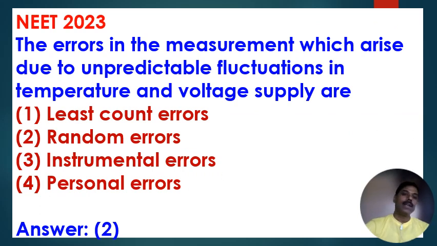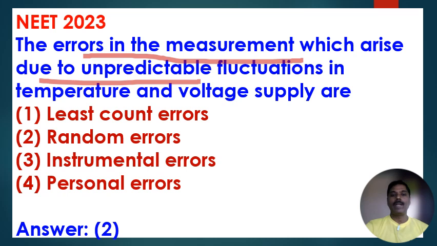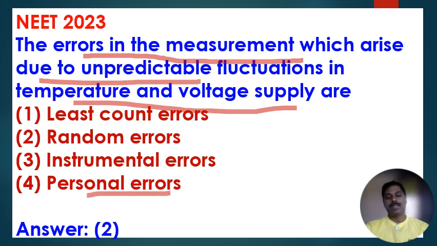And then in NEET 2023, you can find another question related to errors. Errors in the measurement which arise due to unpredictable fluctuations in temperature and voltage supply are: least count errors, random errors, instrumental errors, or personal errors. I had given the definitions of all these kinds of errors in the previous lecture.